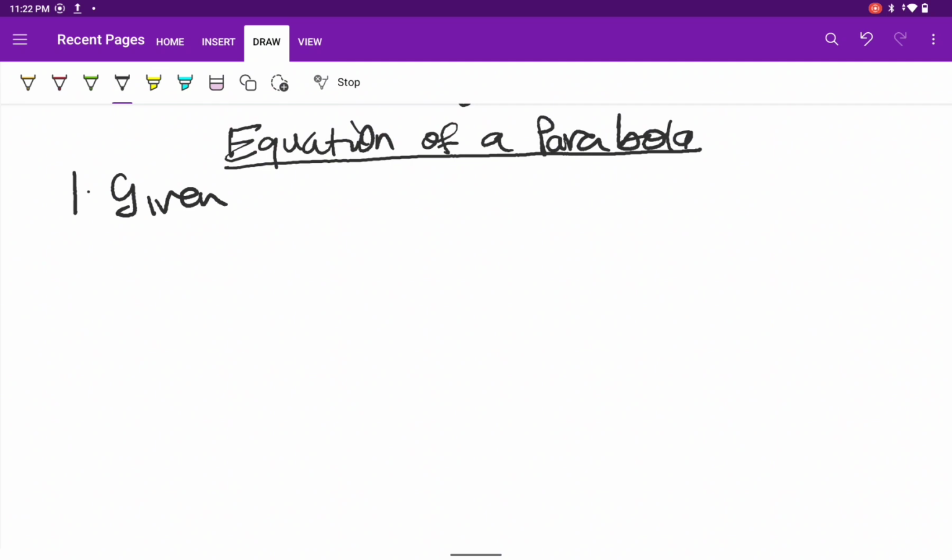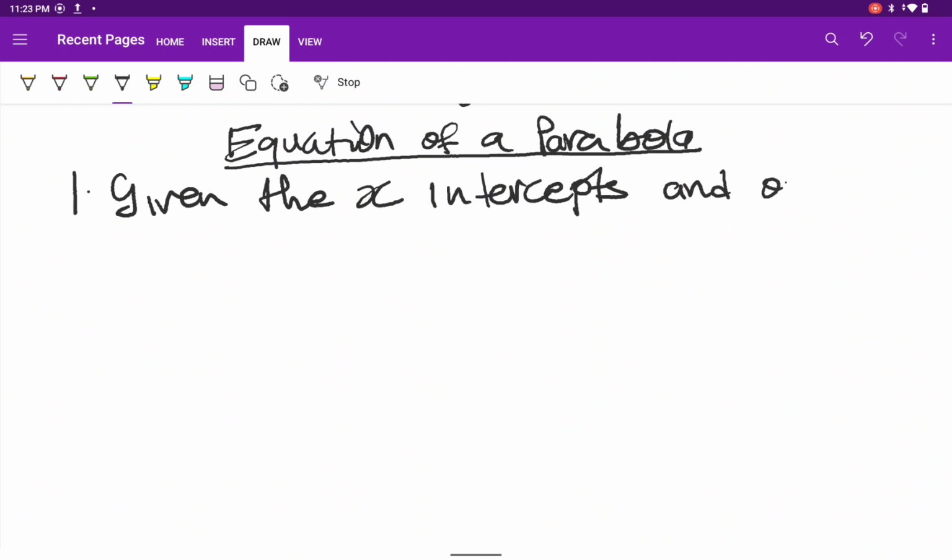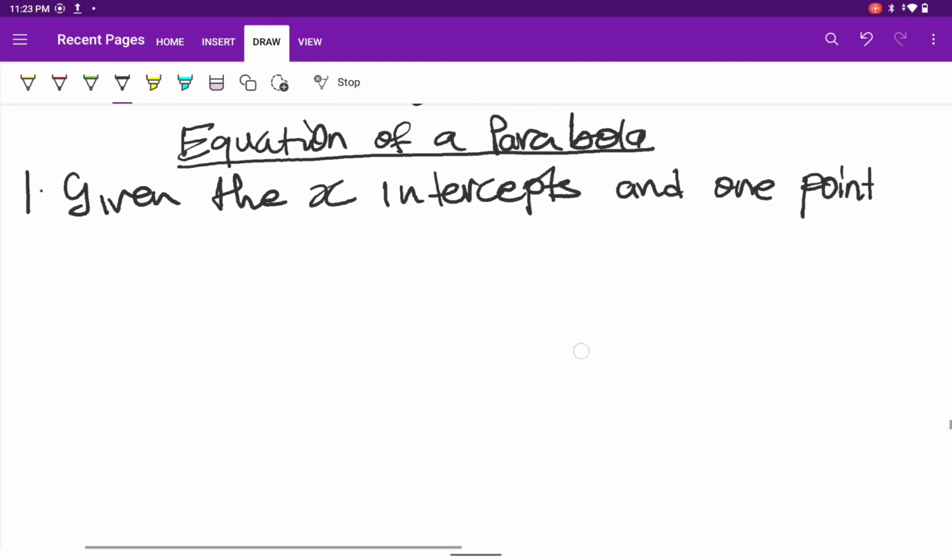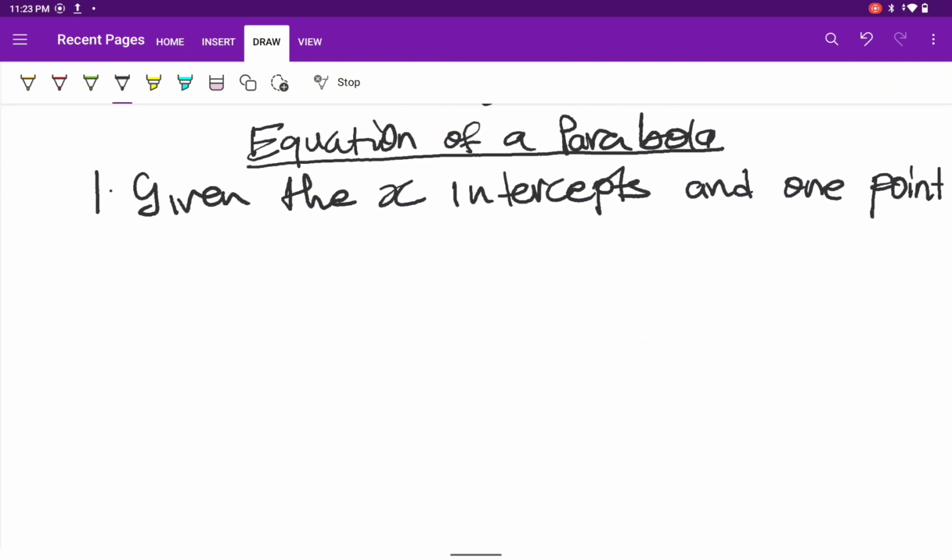The first condition is when we are given the x-intercepts and one point. If we are given the x-intercepts and 1 point, then we can calculate the equation of a parabola.